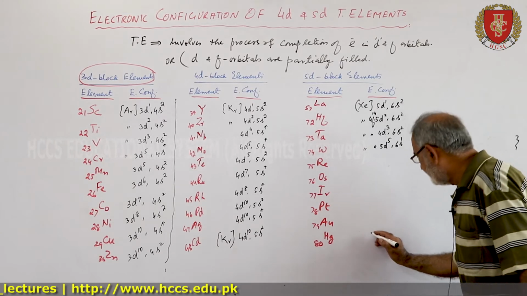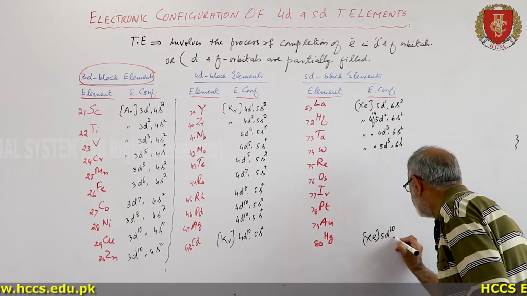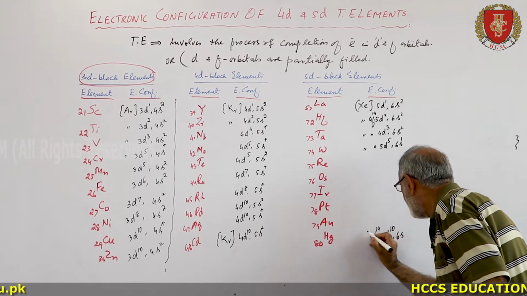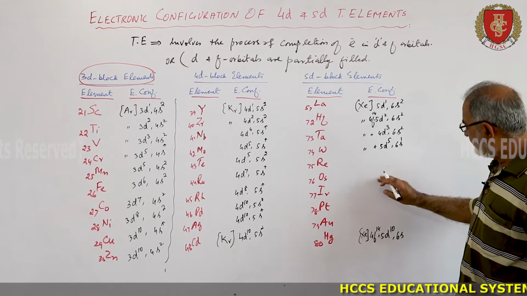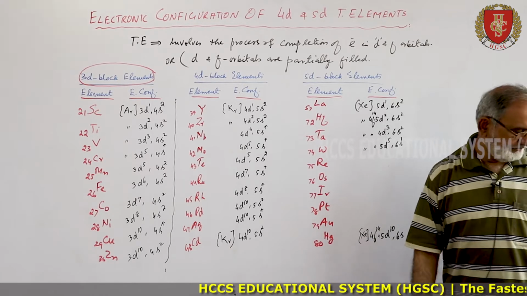The last, that is xenon 5d10 4f14. Now here d6, d7, d8, you can similarly write all this.